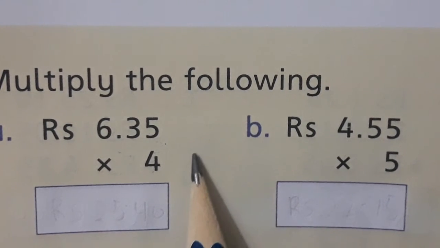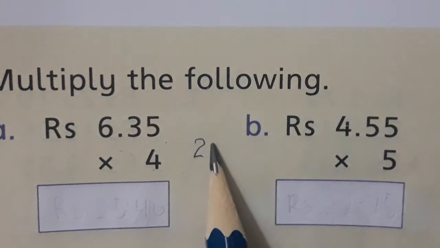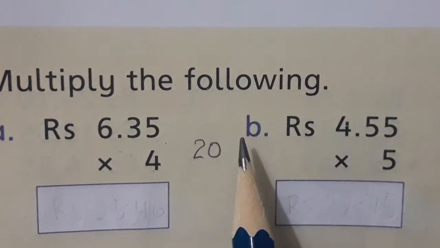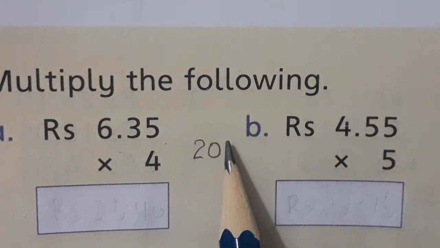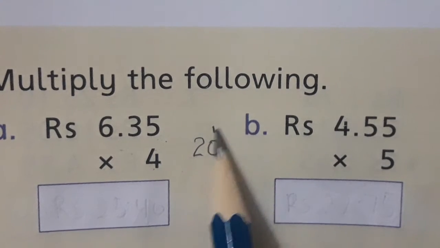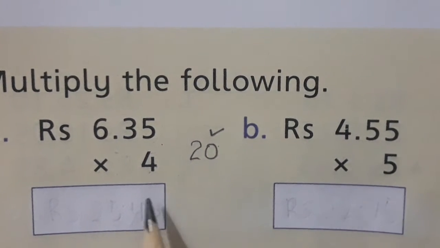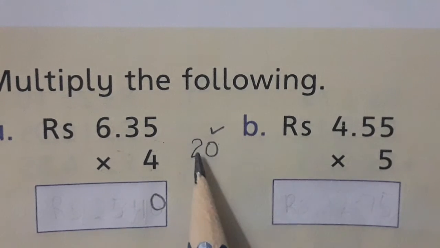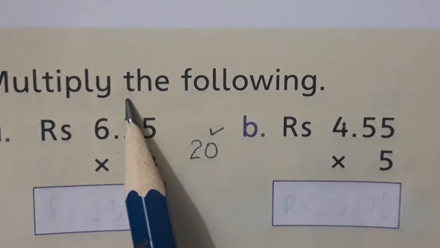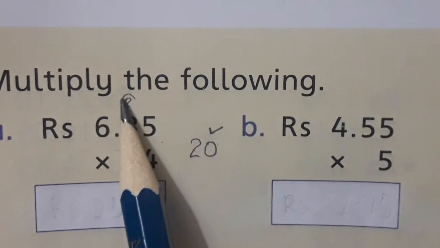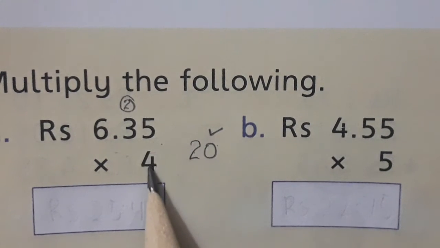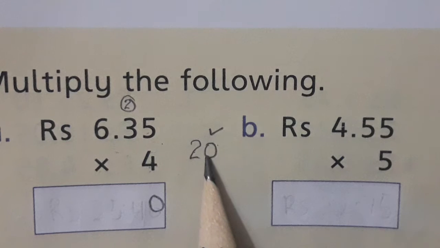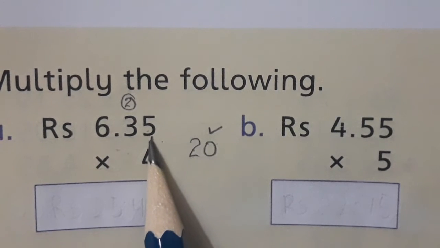So what we will do, students, we will write 20 like this, and as I told you in all my lectures, we will choose the right digit. This is the right digit, 0 is the right digit, so we will place the right digit over here, and 2 will move on to the next number. Okay, now 4 fives are 20 is done, this number is done.